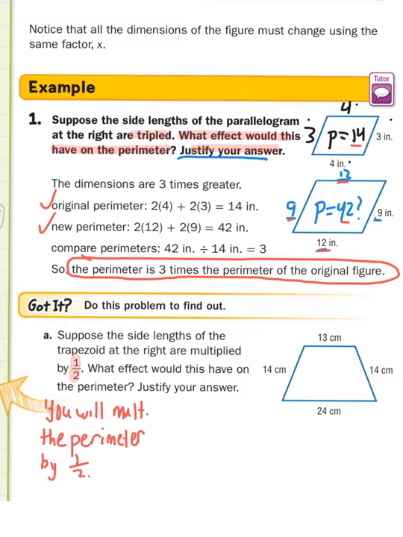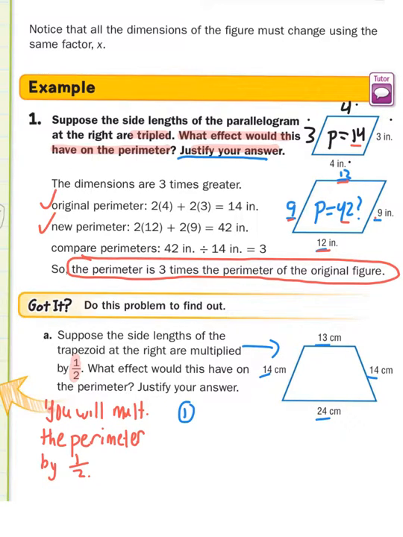So the first thing I'm going to do here is I'm going to find the perimeter of this trapezoid. Remember, the perimeter means add up all of the sides. And you could use a calculator. So if I add 14 plus 14, I get 28, plus 24, I get 52. 52 plus 13 is 65.